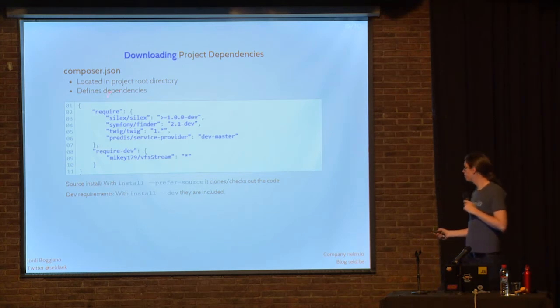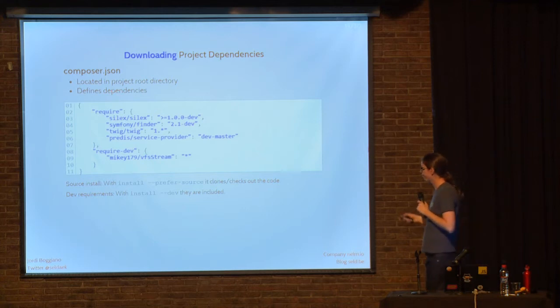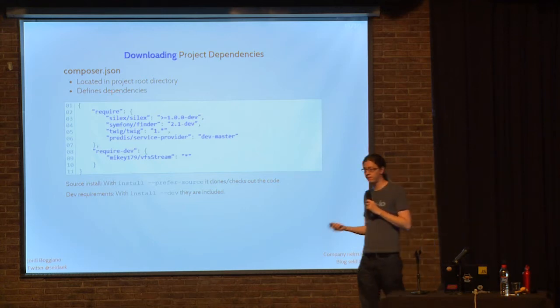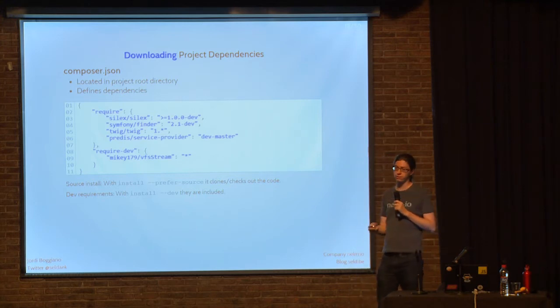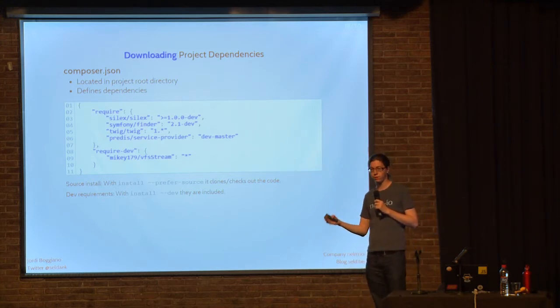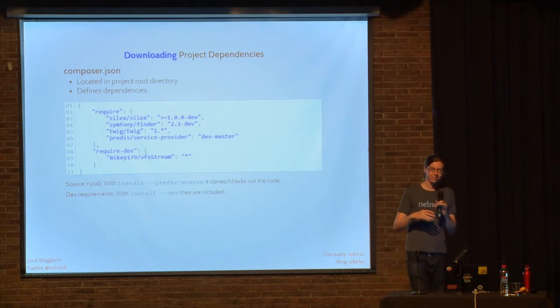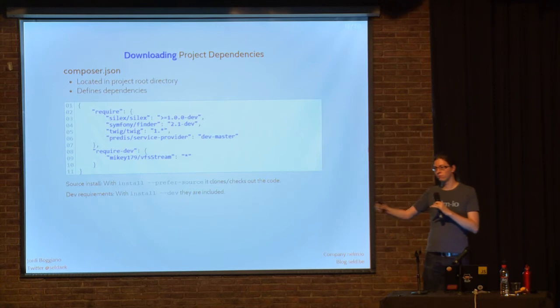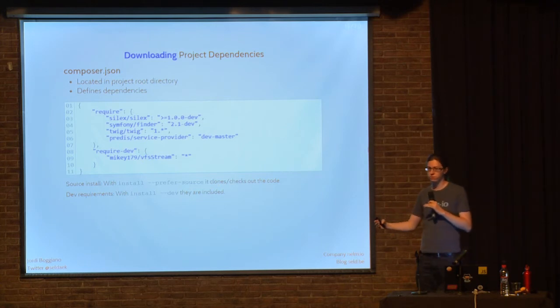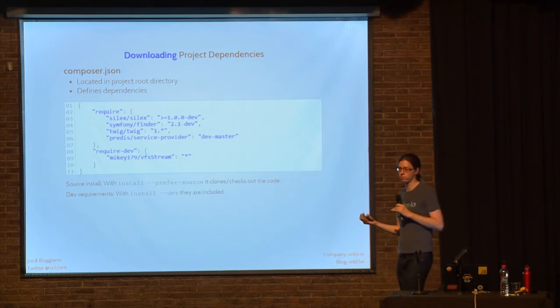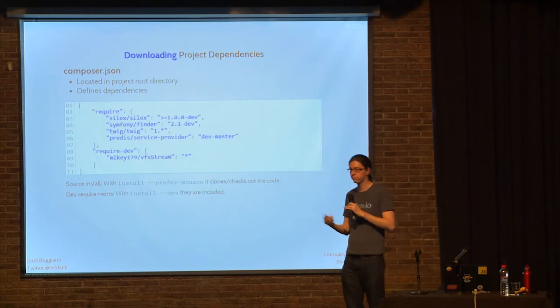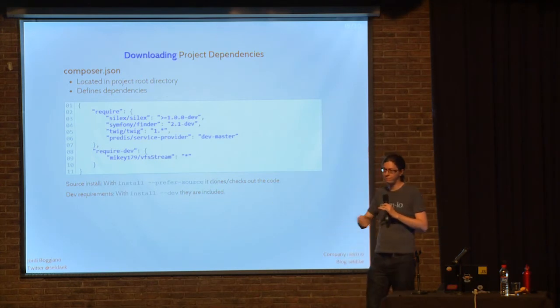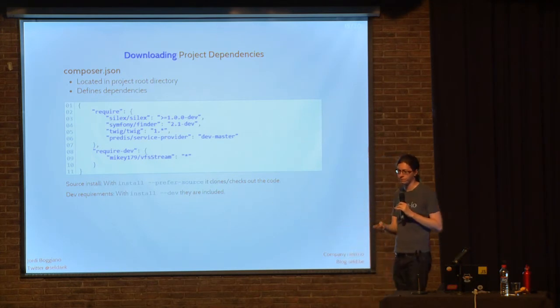So we have a require block, which is like the main dependencies your project has, and then this require-dev, which represents the dependencies you have for development. So that can include testing, build, whatever. It's all the non-essential stuff for production that you just need at build time or development time or whatever.